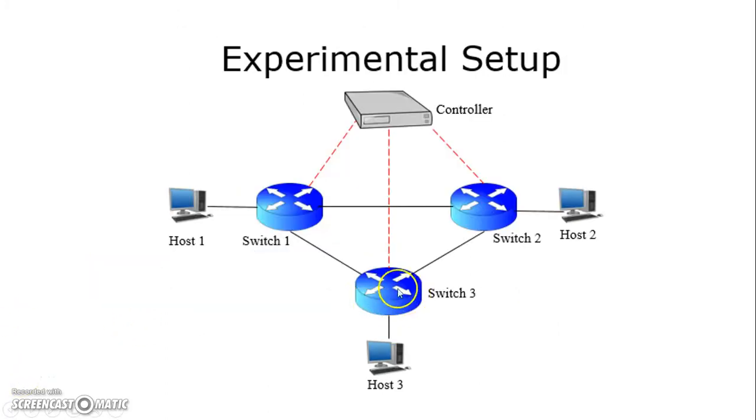The experimental setup consists of three switches, which are logically connected to the controller. The controller makes use of the Open Daylight framework. We have host H1 connected to switch 1, host 2 connected to switch 2, and host 3 connected to switch 3. The firewall module is hosted on a Glassfish server, the code for which is written in Java.